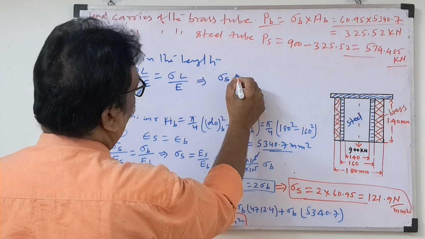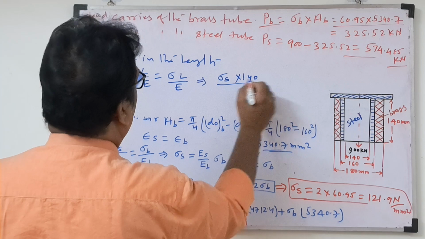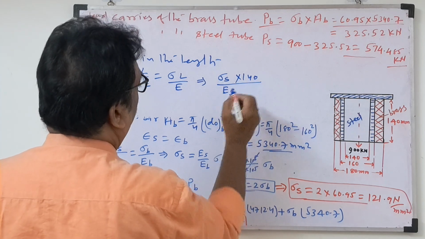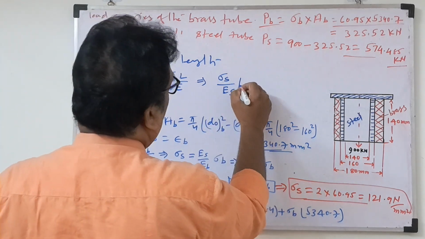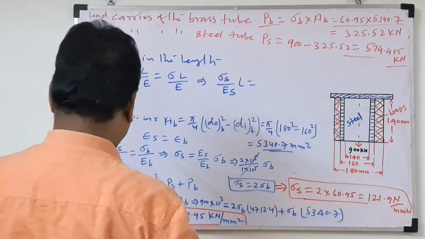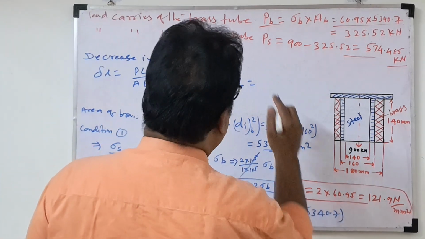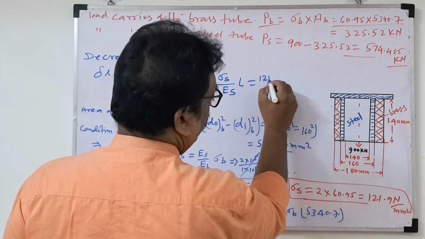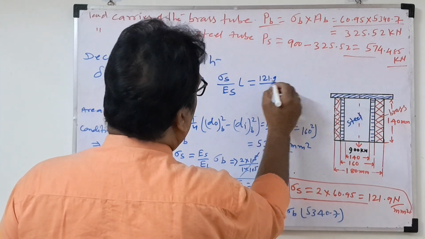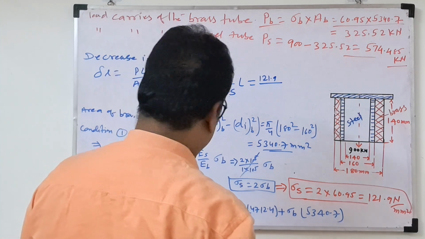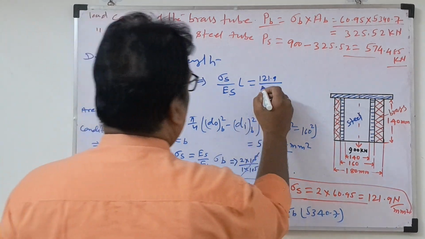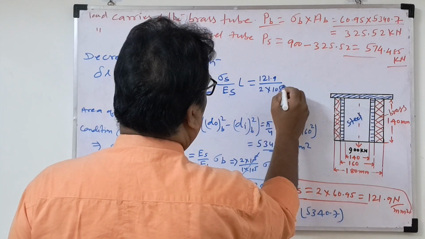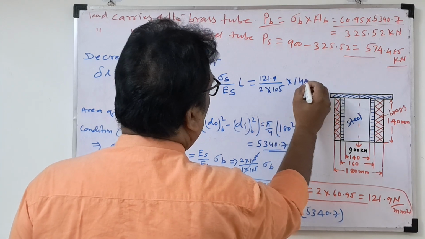The length is 140. Write the values: stress of the steel is 121.9, divided by the Young's modulus of the steel, 2 into 10 power 5, into length 140.